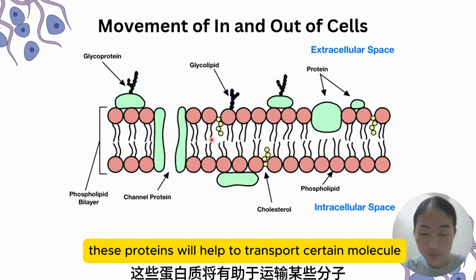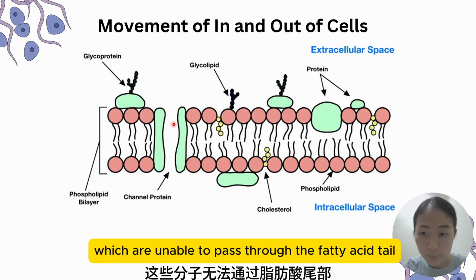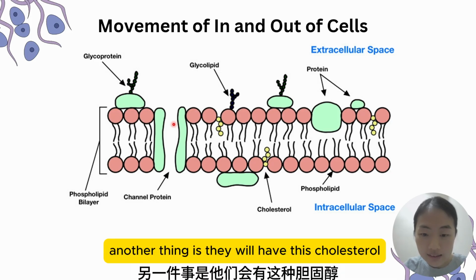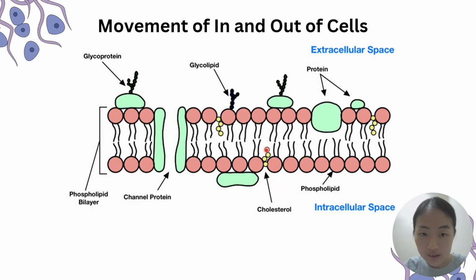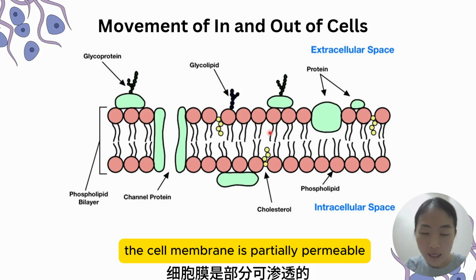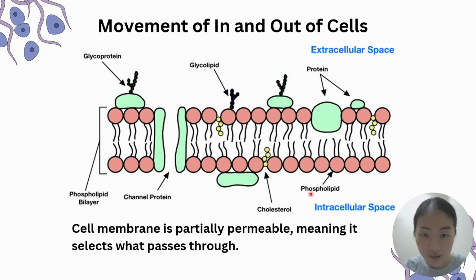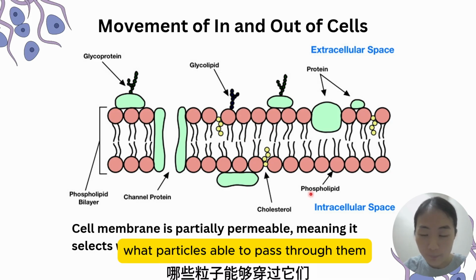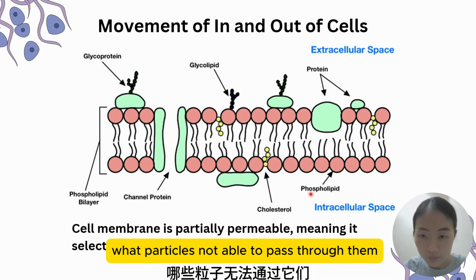These proteins help to transport certain molecules which are unable to pass through the fatty acid tails. Another thing is cholesterol. This cholesterol molecule is present between the phospholipids. The cell membrane is partially permeable, so it selects which particles are able to pass through and which are not.